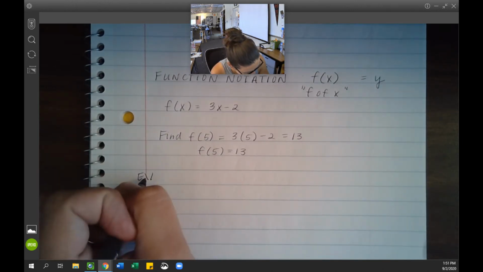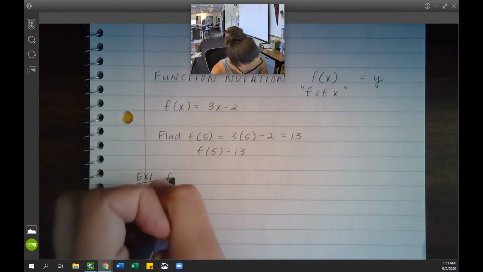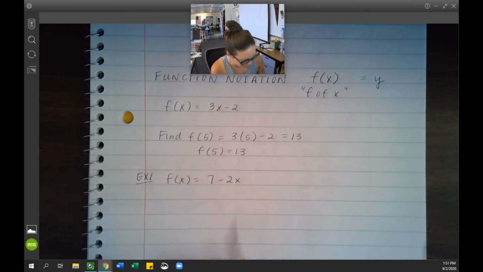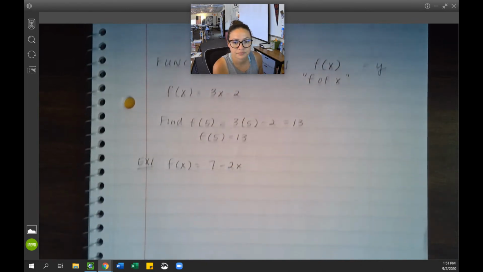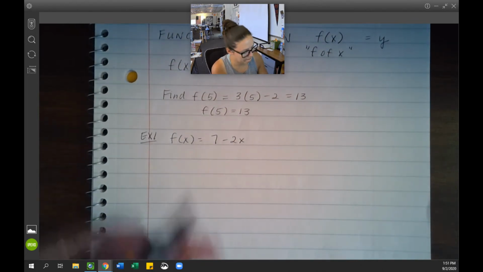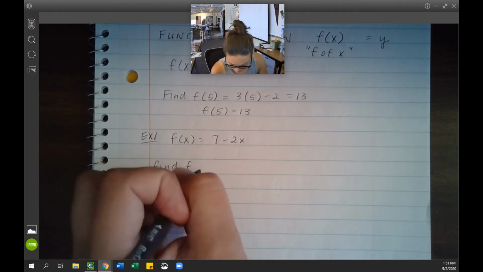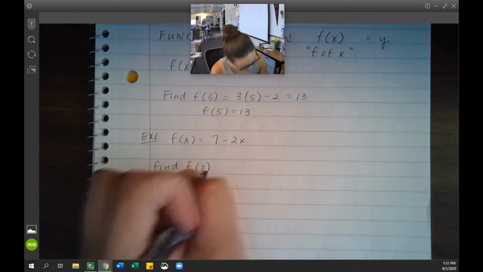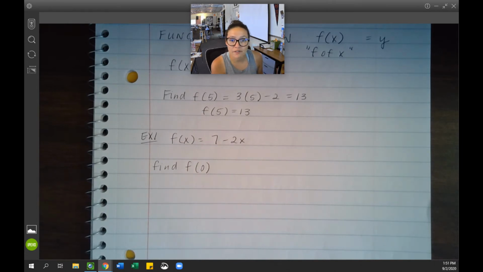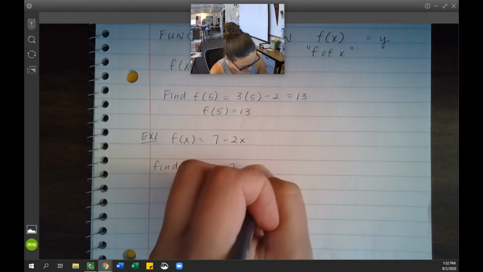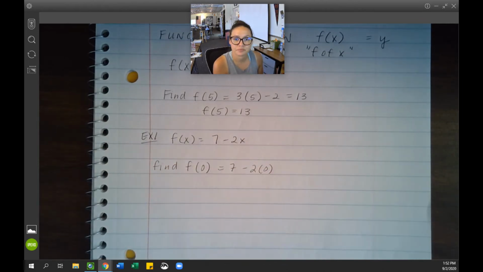Example 1. Let's say I have f of x equals 7 minus 2x. Find f of 0. Well, f of 0 means that x is 0. So I have 7 minus 2 times 0.